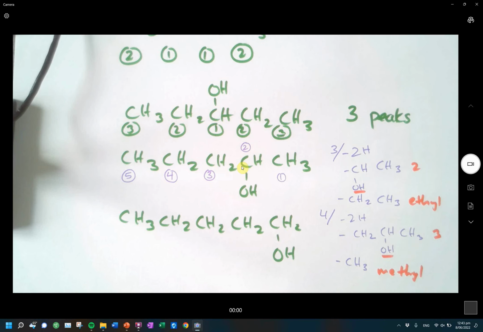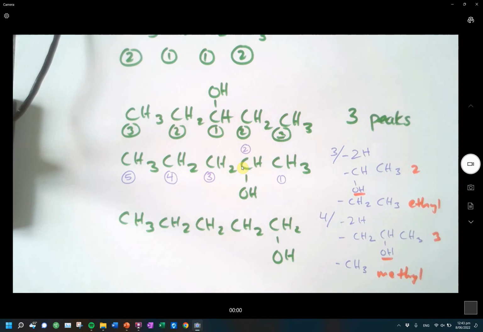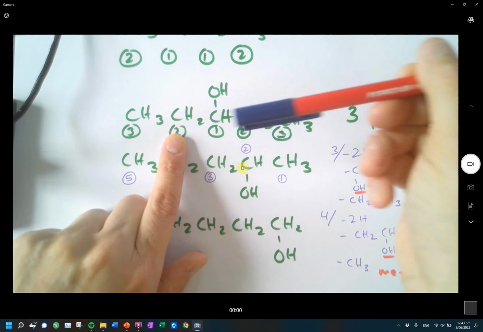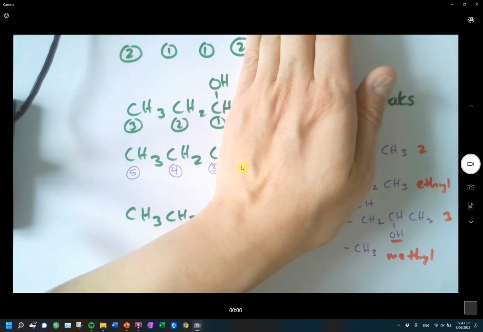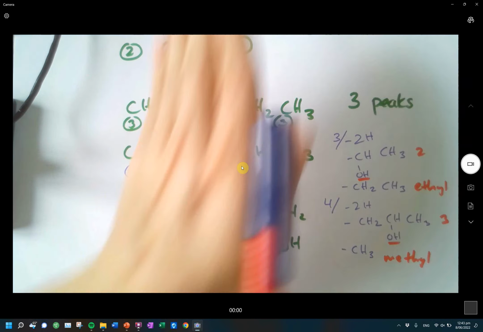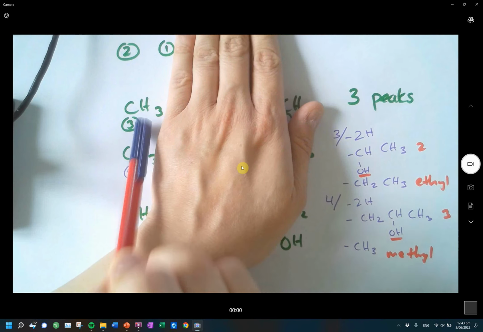Whereas when I looked at the first example up here, because there's symmetry in that molecule, this carbon and this carbon both have the same list: 3 carbons with the alcohol right next to that, 2 hydrogens, and a methyl. And then these ones on the end have the exact same list.